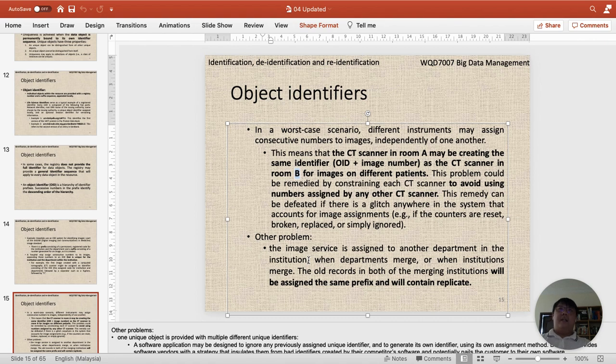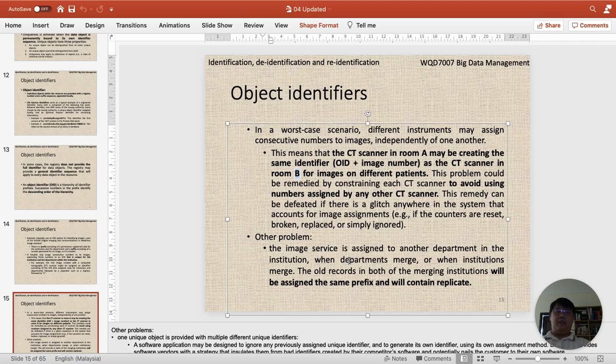But again, if your original identifier doesn't have the department information, imagine both institutions have a CT scanner, with room A and room B in both institutions. In that case, when you join together, definitely there will be a clash because you have department A and department B from different institutions.